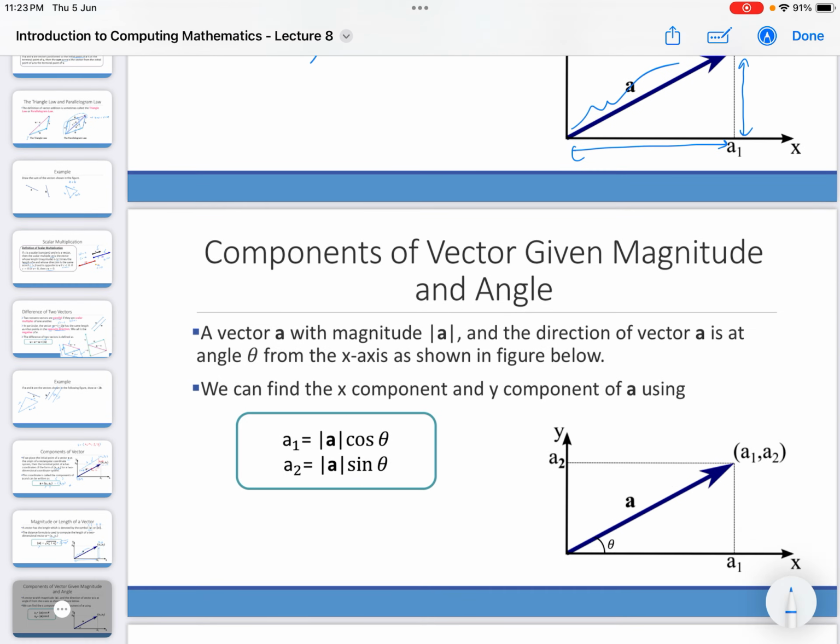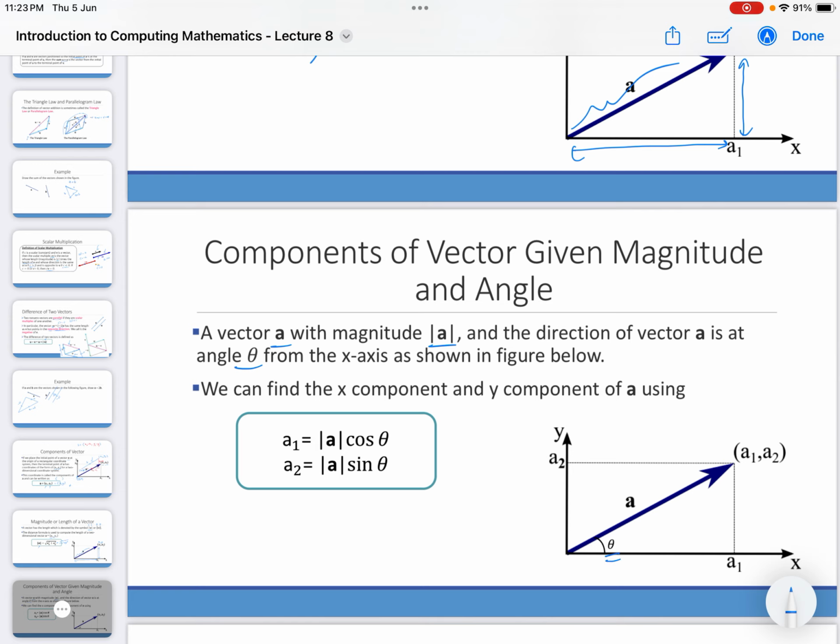So now, given a magnitude and an angle, we can find the components of a vector. A vector A with a magnitude, and the direction of vector A is at angle theta from the x-axis as shown in this figure. So let's say we have this vector A, and from the x-axis to vector A, the angle here is theta.